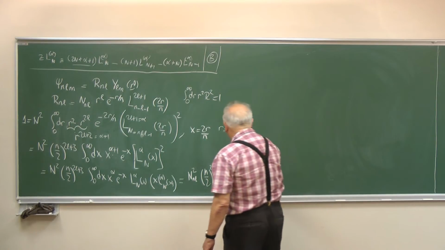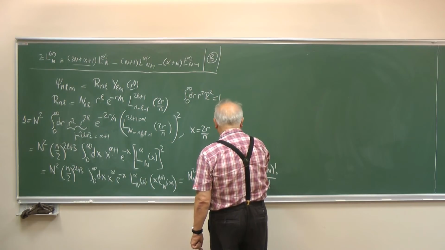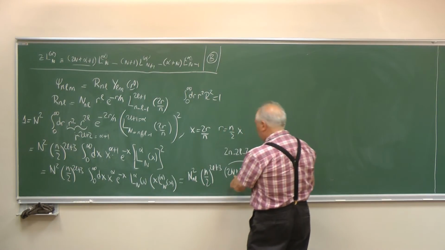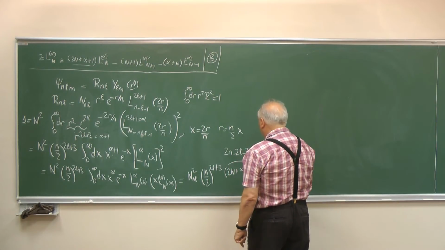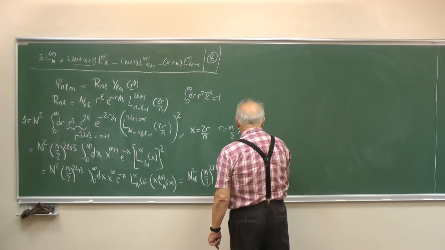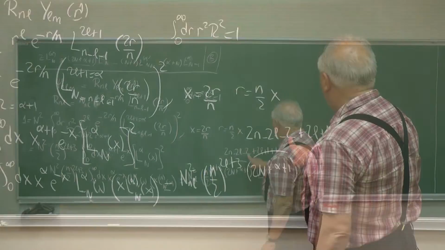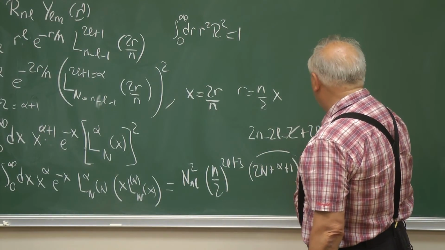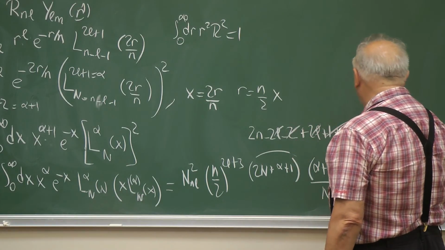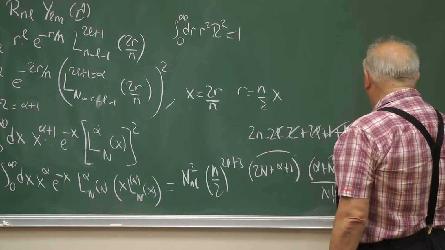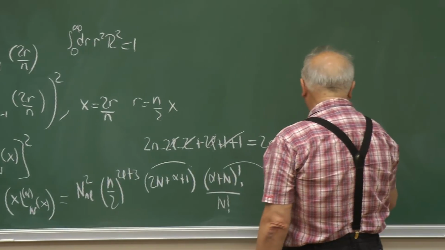Let us compute what this is. This is 2n minus 2l minus 2, because n is the principal quantum number minus the orbital l minus 1, plus 2l plus 1 plus 1. That's equal to minus 2 plus 2, so these cancel, the 2l cancels. So this is simply 2n. And what is this? This is n minus l minus 1, that's n, plus 2l plus 1.